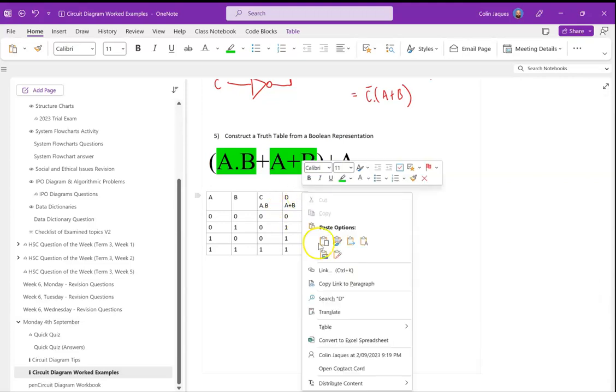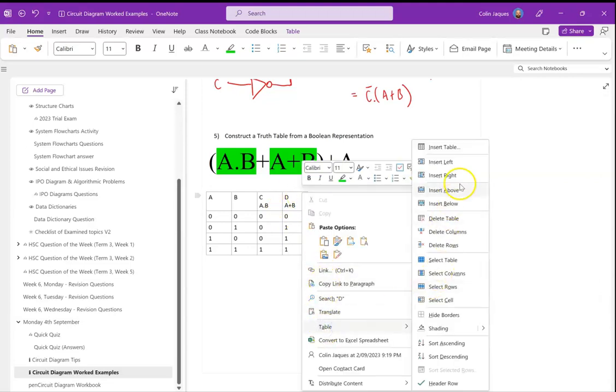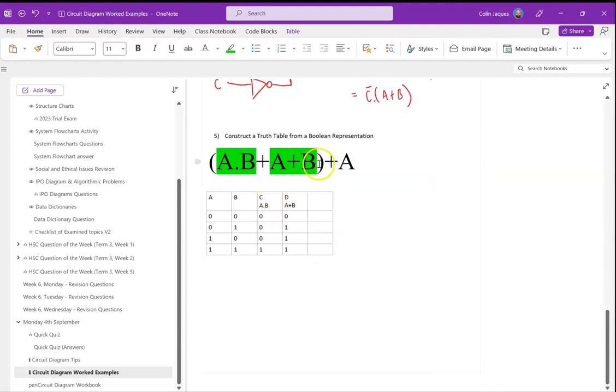So now the next thing that we have to do is we have to deal with the plus in the middle. So we're now going to do the whole equation. So essentially, it's going to be C plus D. And so I'll just bring that down, creating a new output called E. And we can just now do an OR gate based on this, and it's going to look pretty much just like an OR gate.